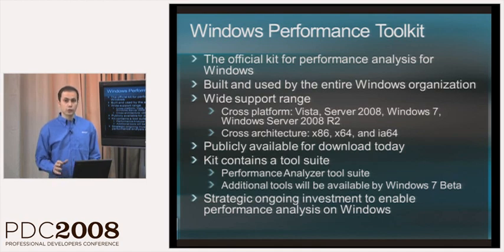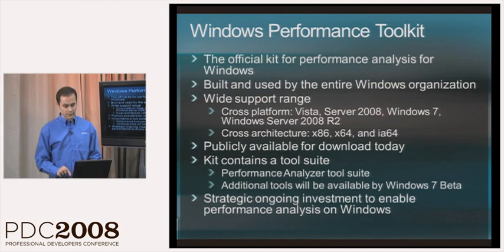The kit contains a tool suite called Performance Analyzer, which has a number of different tools that would let you investigate various system activities on the machine running Windows, such as disk, registry, CPU, etc. And you should expect additional tools to come in around the Windows 7 beta timeframe. This is a strategic ongoing investment, which is very important to stress, because this is not something we just released for people to use. This is something we continuously invest in and closely work with the Windows product teams to improve and enhance.